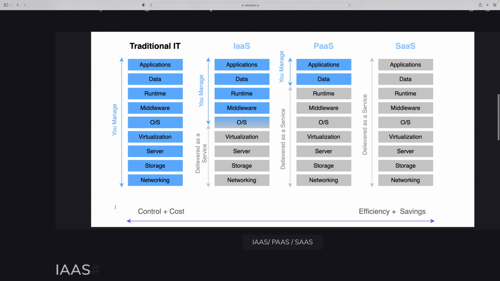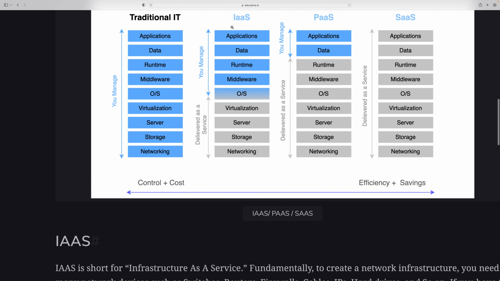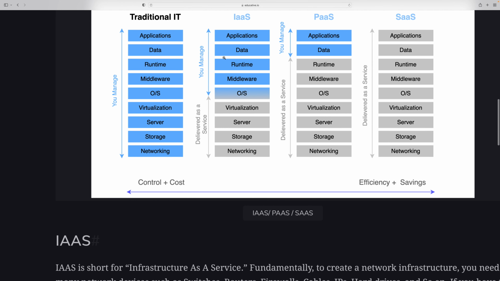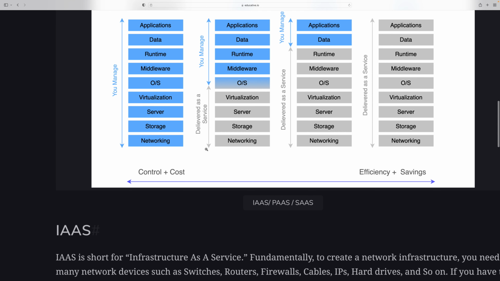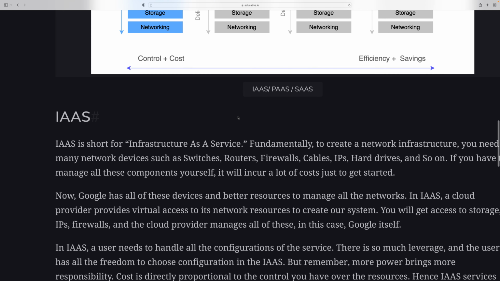In this case, only the blue color you manage: application, data, runtime and middleware. The cloud provider companies manage the server, storage, networking, and some virtualization for you, right?